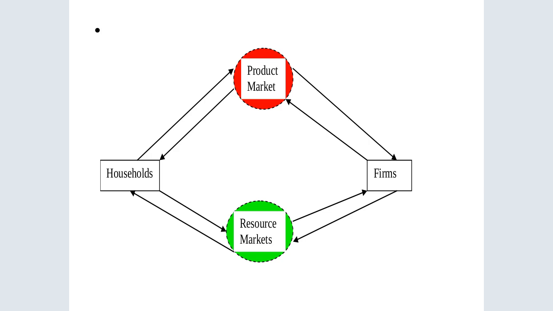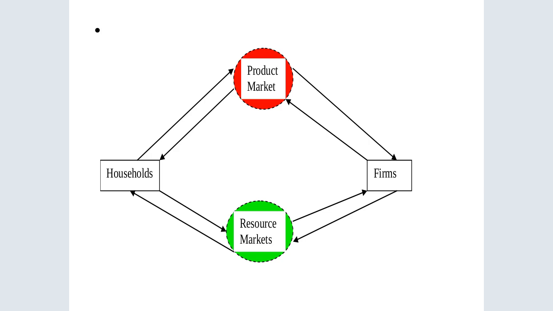The households normally buy goods or services in the product market, and the firms sell their goods or services in the product market. So in the product market, the firms and the households interact.